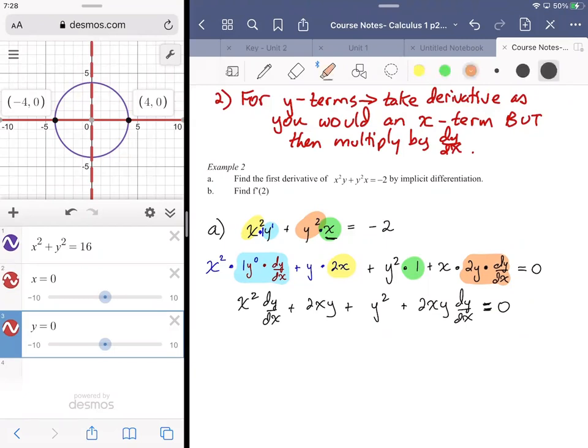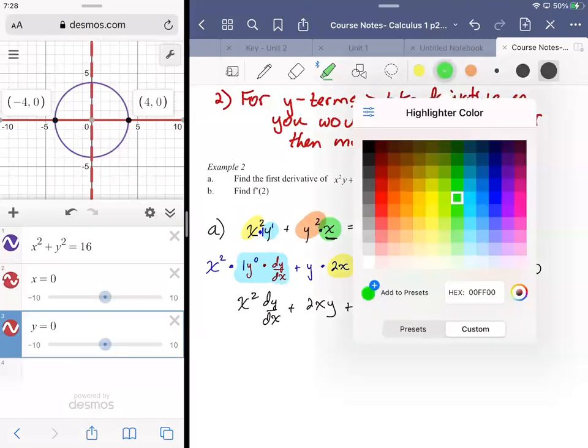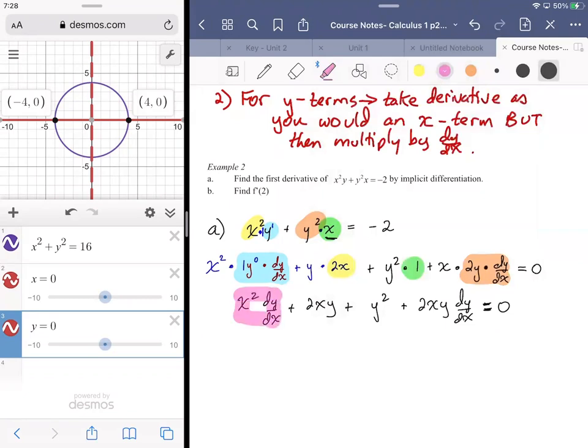So what I'm going to do is hang on to any expression that has a dy dx attached to it. Everything else we have to move out of there. So I'm going to subtract a 2xy. I'm going to subtract a y squared.